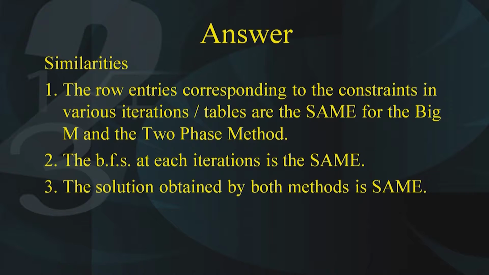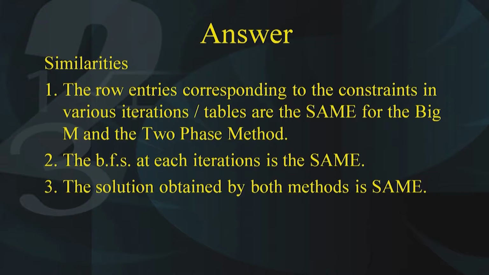First of all, let us look at the similarities. You must have observed that the row entries corresponding to the constraints of the variables during the iterations, or in the tables, are the same for the big M and the two-phase method.